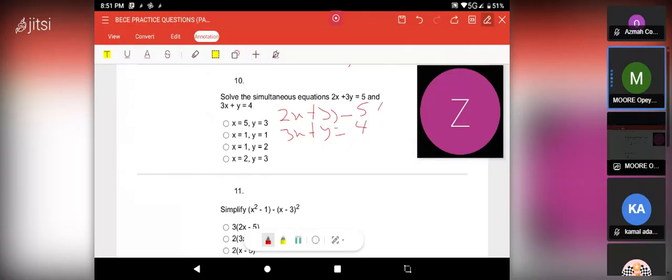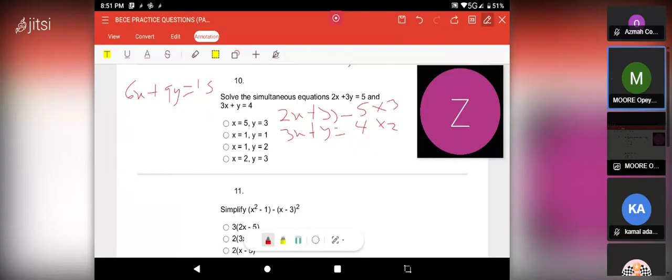So we can just say this one multiply by 3, and this one multiply by 2 to make it easy. So equation 1 will become 6x plus 3 times 3, 9y, equals 3 times 5, 15.